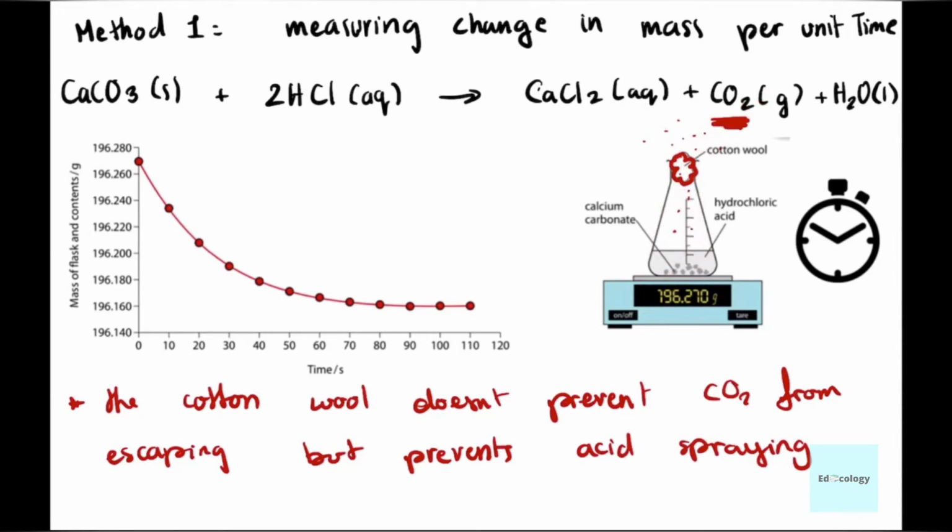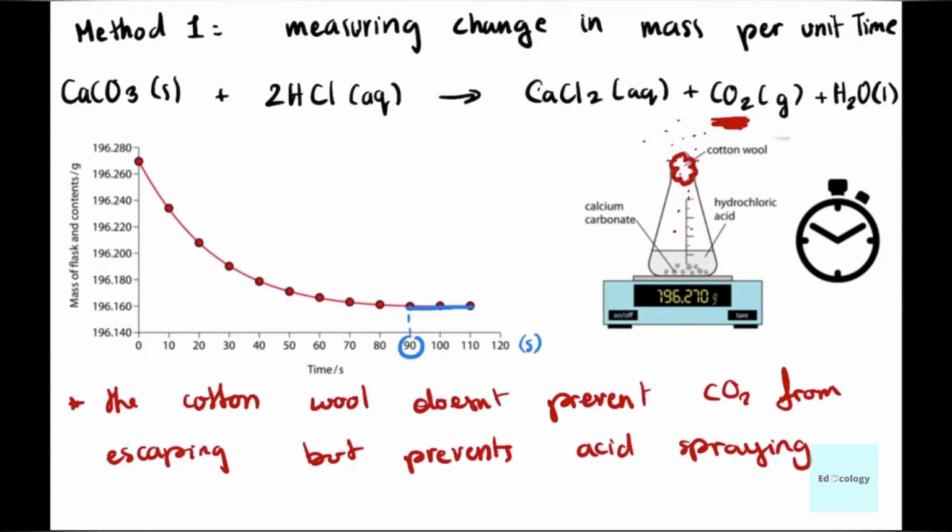And how do we know in this experiment when the reaction stops? If you look at the graph, you see that at a point the line becomes perfectly horizontal. Okay, this is at 90 seconds. The unit here is seconds. You see that the line is straight.